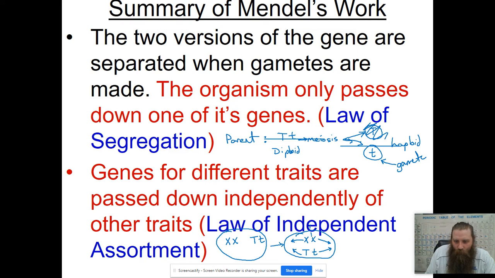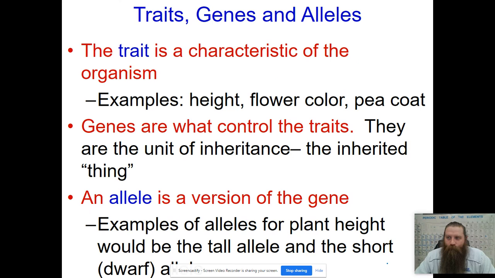Eventually we know these are going to end up as number 1 and number 2, two different gametes. Just because I got a big X did not tell me which T I got, right? In this one, I have big X, big T. And in gamete number 2, I have big X, little t. They are independently assorted. They're not tied together. So that's what the law of independent assortment tells us.